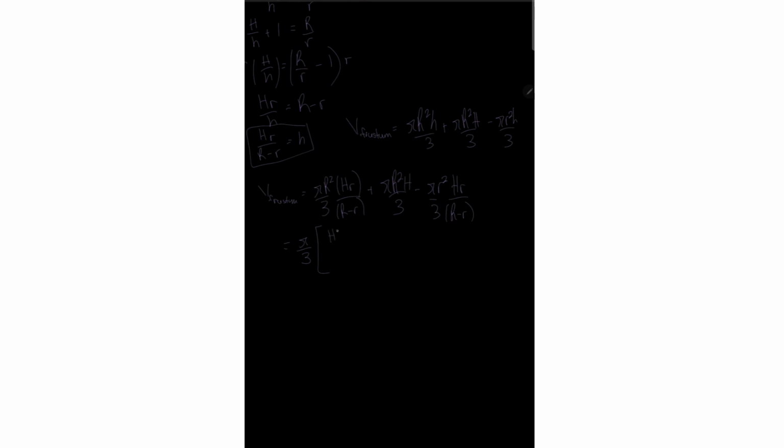It's going to leave us with, I can also factor out a big H. So now I have R squared, now I have R squared little r over big R minus little r plus R squared minus little r cubed over big R minus little r.